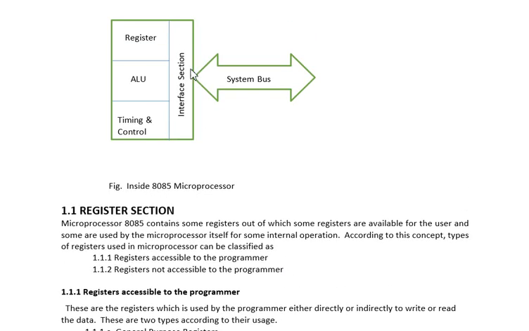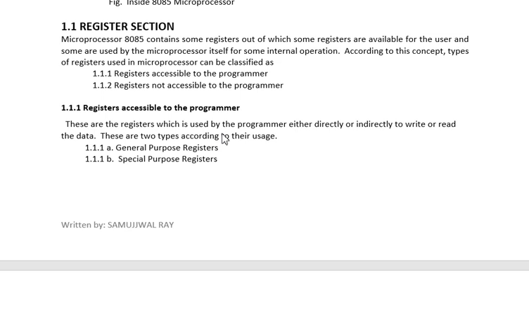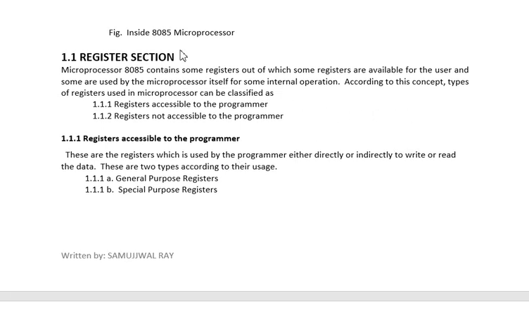So first we'll learn about the register section. Let's go through this register section first. In the 8085 there are some registers which, according to their functions, are divided into two groups.